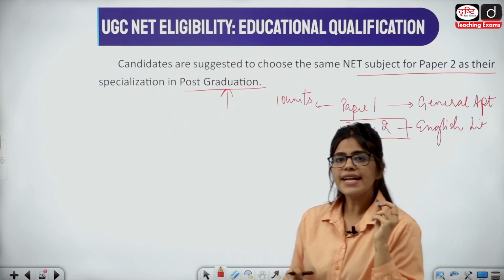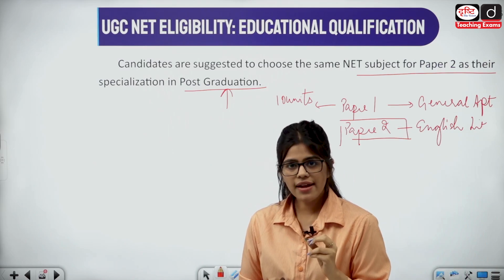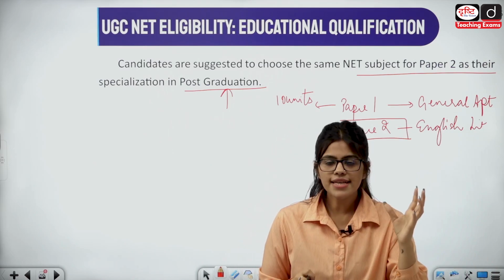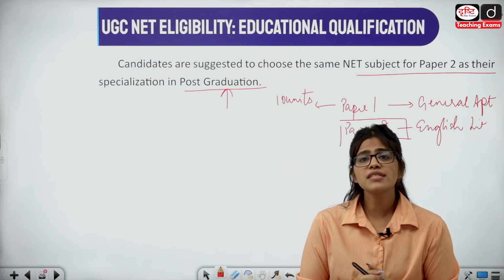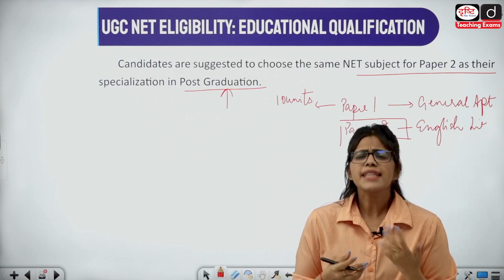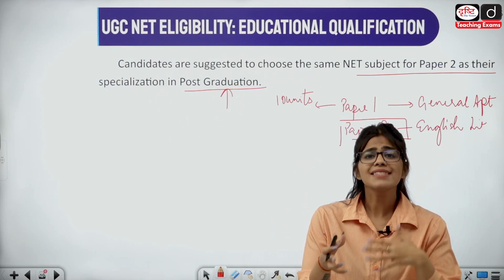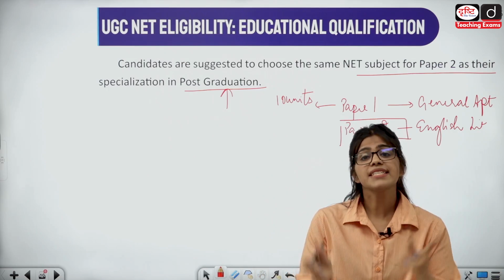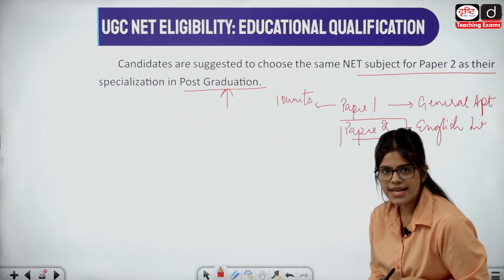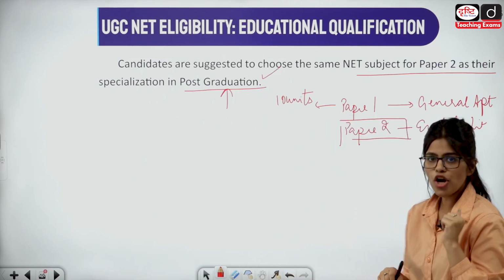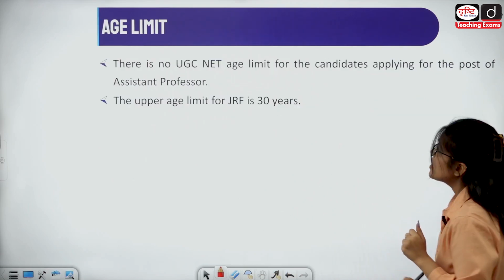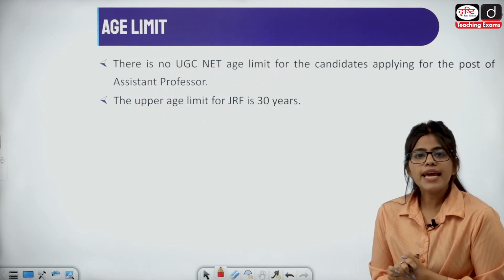As I told you, there are 81 to 83 subjects, and NTA conducts the exam in those subjects. If your subject is not in the list, you can choose a related subject. But it is advisable that you take the subject in which you have done your MA or post-graduation.